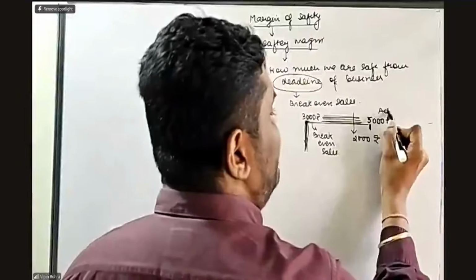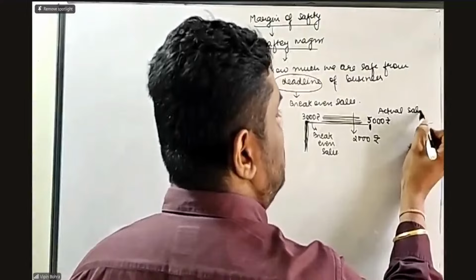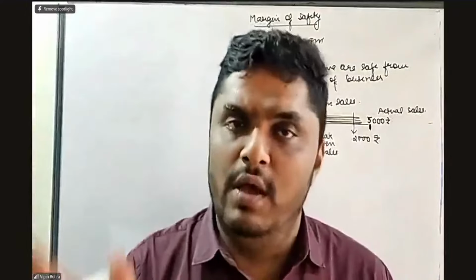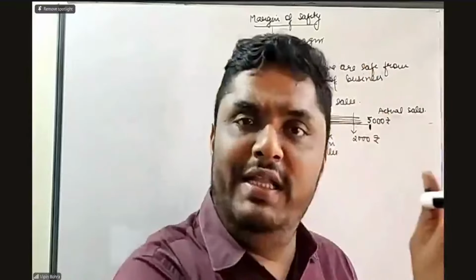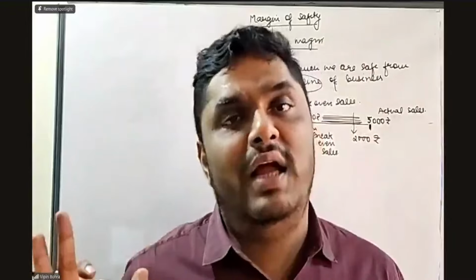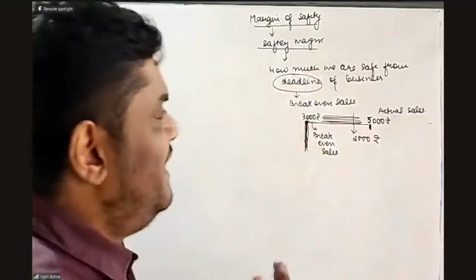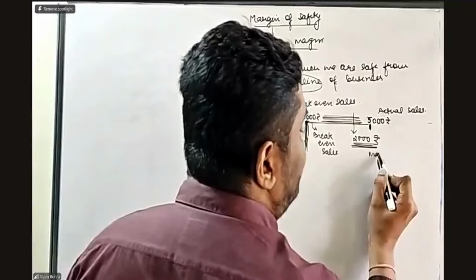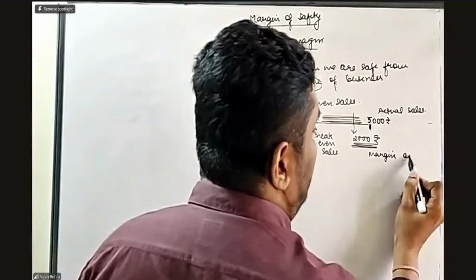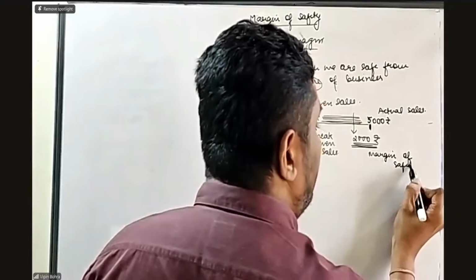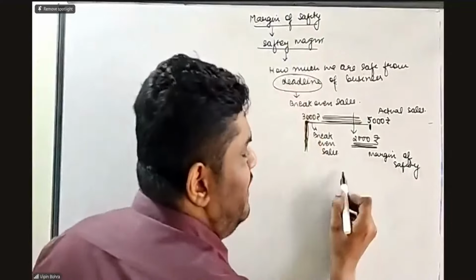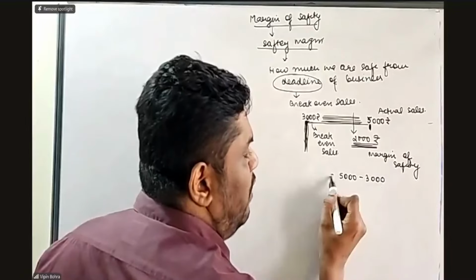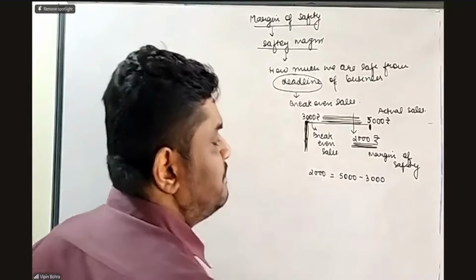I repeat again. Currently, I'm at this level. We call it actual sales. My deadline is 3,000. That is my break-even sales. Once the sales goes below 3,000, it means I'll start making losses. So how much safe I am? 2,000 rupees. So this is my margin of safety. What I actually did was 5,000 minus 3,000, I got 2,000.